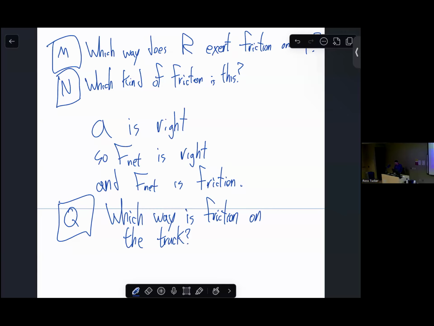Okay, big hint for Q. Which way does the road friction act on the truck?